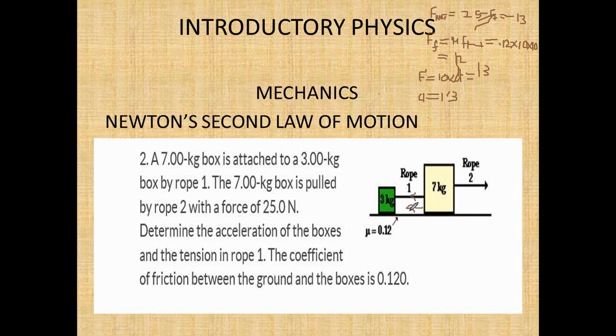The tension in the rope we don't know, but what we know is that the net force on this 7 kilogram box is this 25, which is the force going to the right, minus the force going to the left, which is the force of tension. Let's call that Ft, and the frictional force. So those are forces going to the left.